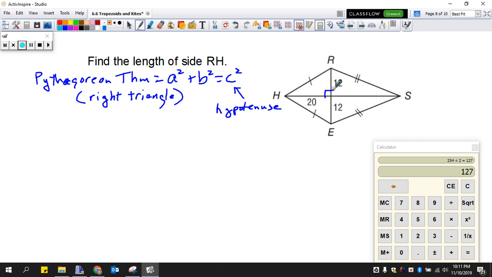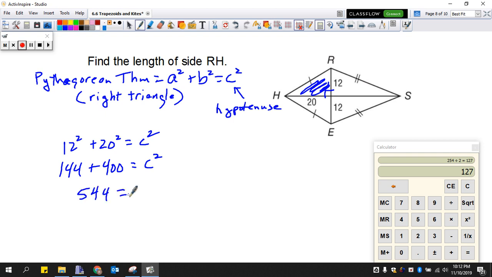So what we have here is a right triangle with a side length 12 and another side length 20. So we can say 12 squared plus 20 squared is equal to c squared. That's 144 plus 400 is equal to c squared. So that is 544 is equal to c squared.